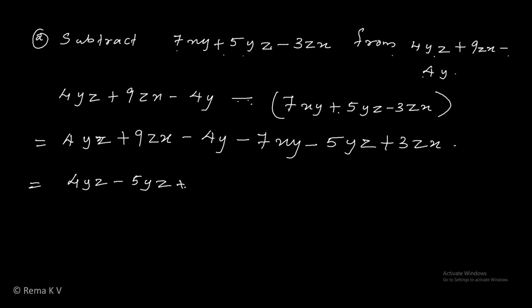Then the next is plus 9zx, along with 9zx, it is plus 3zx. Then the remaining two terms are unlike terms, so let us write it here. Minus 4y minus 7xy.